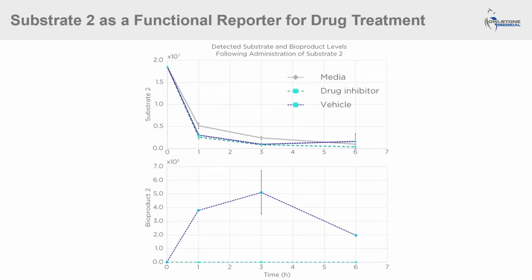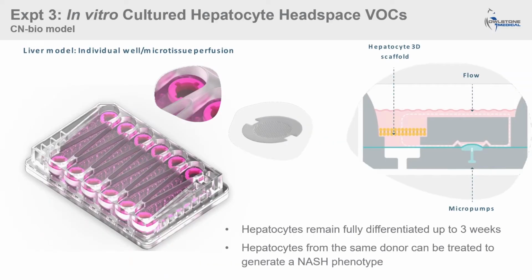And where we add the vehicle in which the drug was dissolved, we observe a spike of the bioproduct over time. The amount of drug inhibitor used here was estimated to be an IC75, and we are now conducting experiments with lower concentrations of drug to evaluate a dose response.